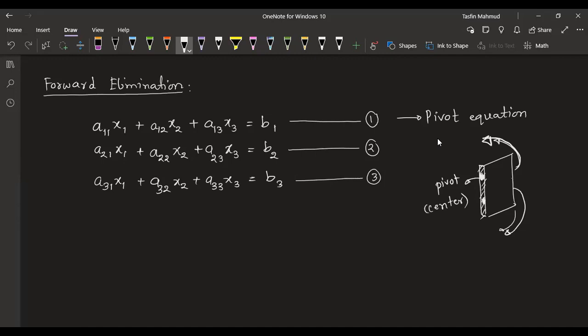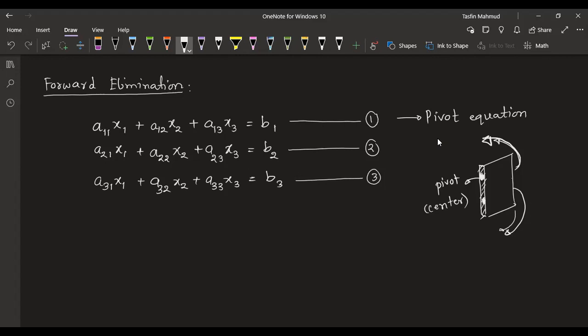Okay, so the first equation is called the pivot equation because we will consider this equation as the center. We will keep the first equation unchanged, and considering this equation, we will eliminate other terms. We will make other terms zero.